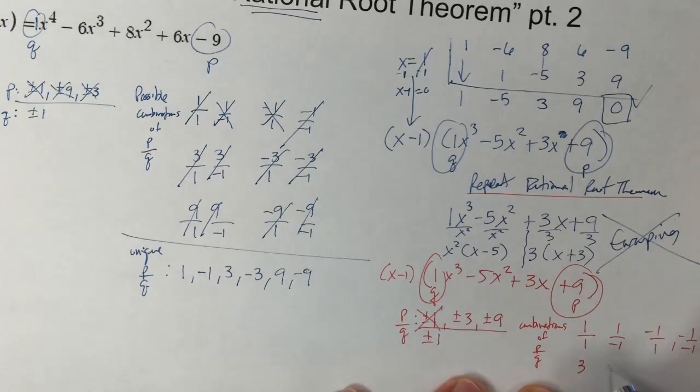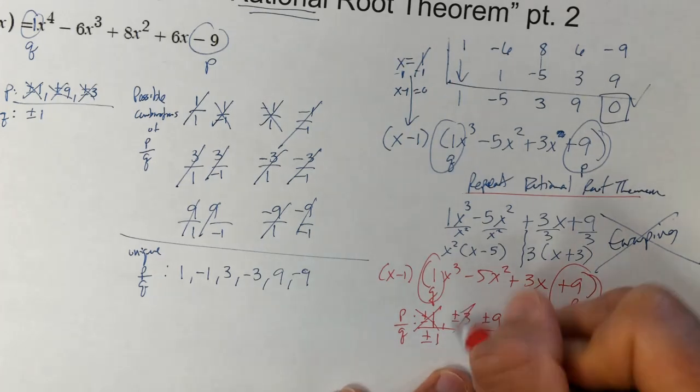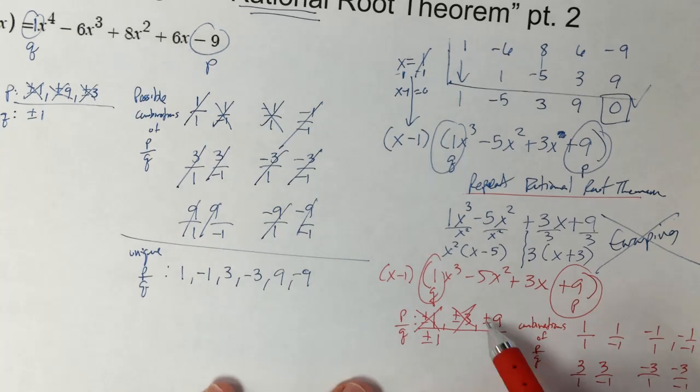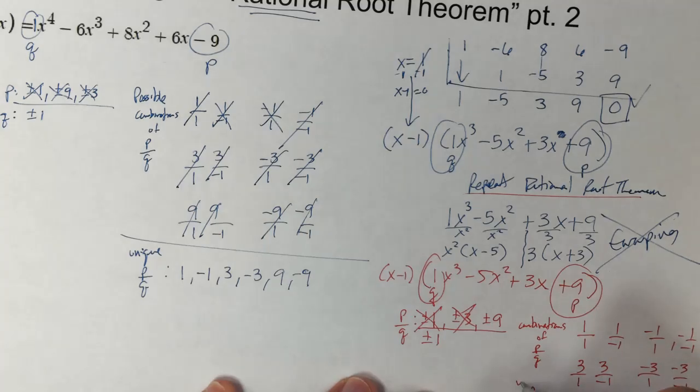I can do things with 3's and -3's. I have 1, -1, 1, -1. I don't need to go further. I don't have to go all the way to 9. I just want to test out a few of these, right? So p over q. What are the unique p over q's?